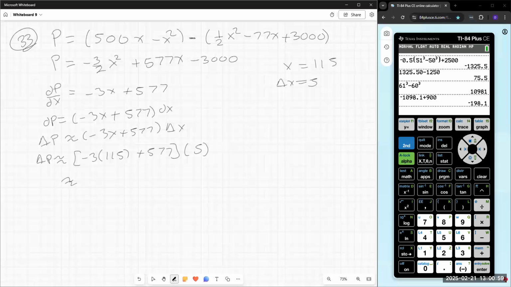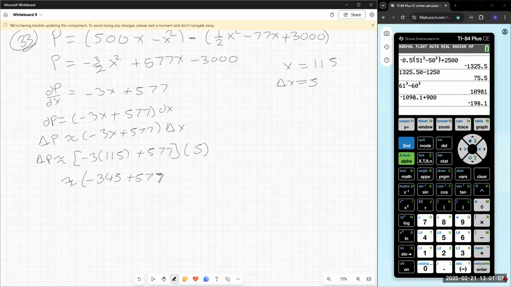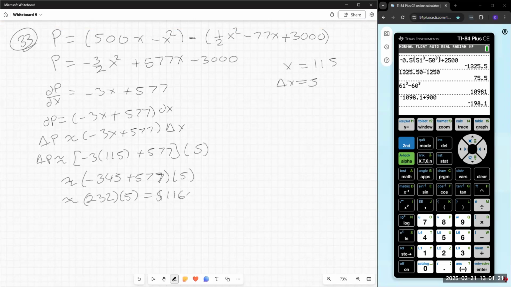So that will be -345 plus 577 times 5 will be 232 times 5 will be $1,160.